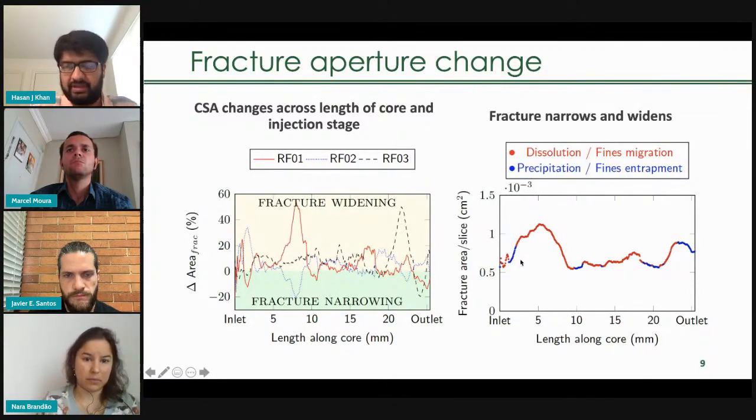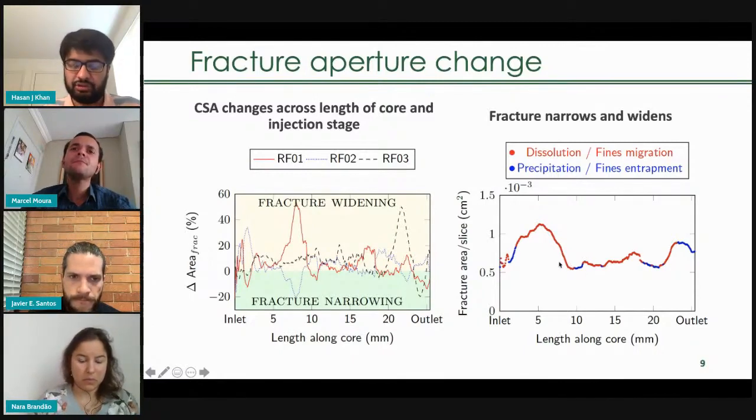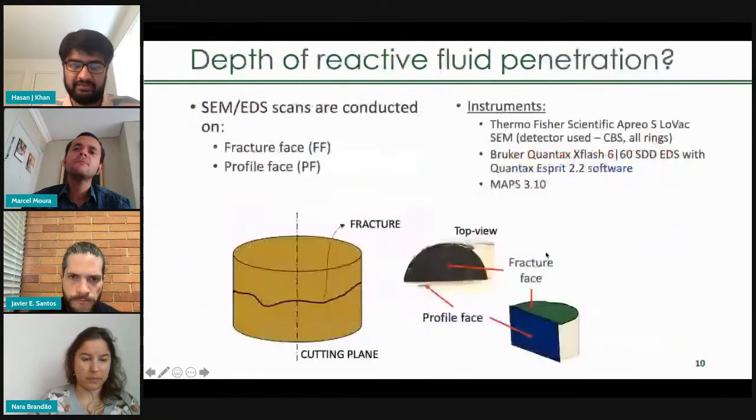The first flood is again plotted on the right-hand side. In this, we can see that at different lengths, depths inside the rock, we see either fracture widening or fracture narrowing happening. And most of the change has been happening in the near inlet phase.